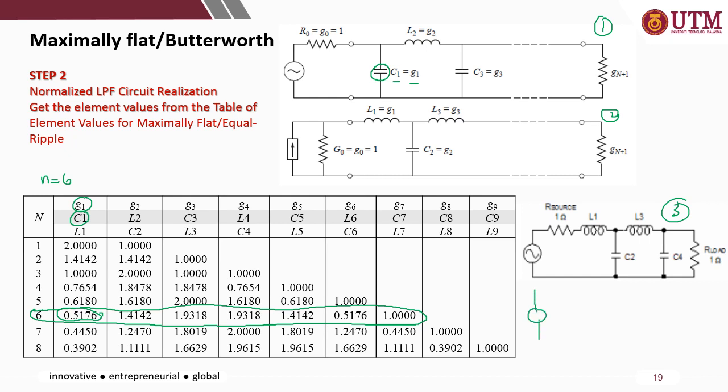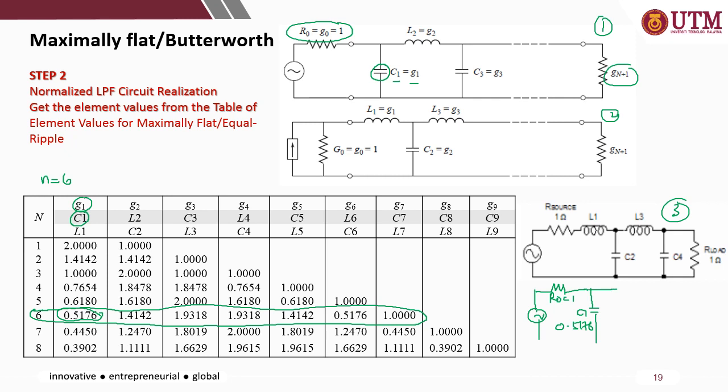If n equal to 6, the first component, the resistor and the load, will always be normalized to 1. This one is fixed, so R0 equal to 1. So the first one is the capacitor C1, 0.5176.